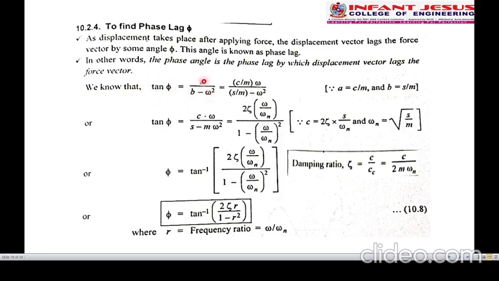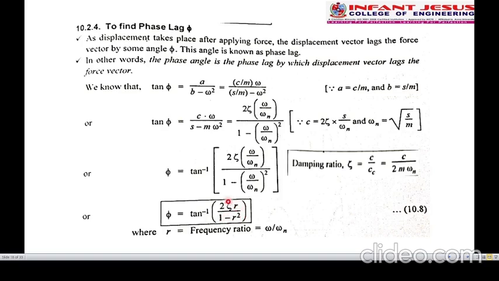So tan phi equal to A by (B minus omega square), where A is C by M and B is S by M. So I am substituting the A, B. Also since we know C is equal to 2 zeta into S by omega n, and omega n equal to root of S by M, we are also substituting for C and omega n, and we get phi equal to tan inverse of 2 zeta r by (1 minus r square).